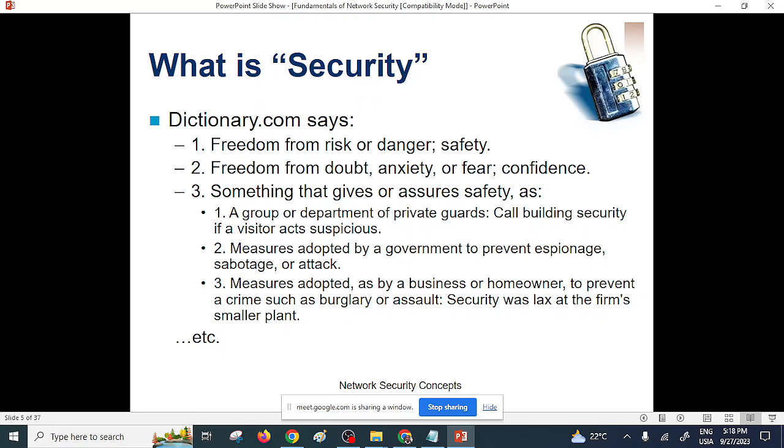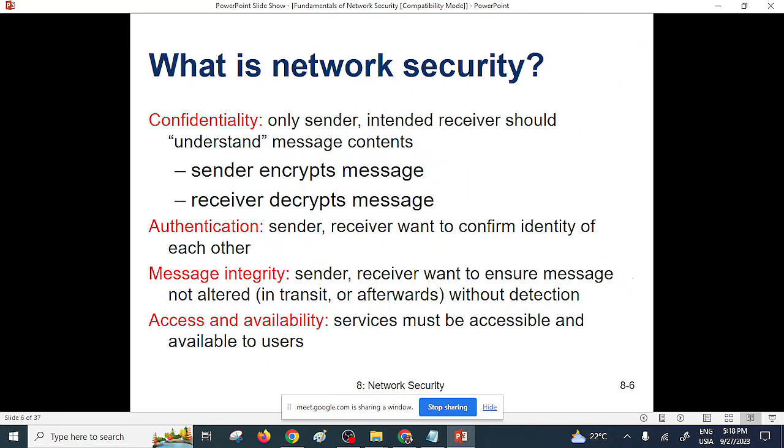So, in a nutshell, for good security to be implemented, we need to factor in different measures. We're going to look at security measures. Particularly, we need to understand what network security is.